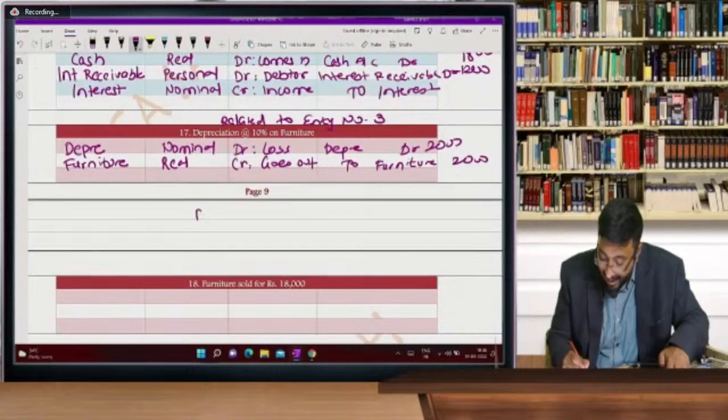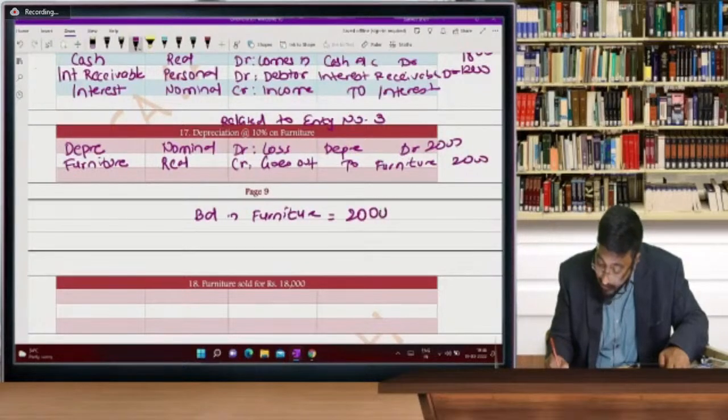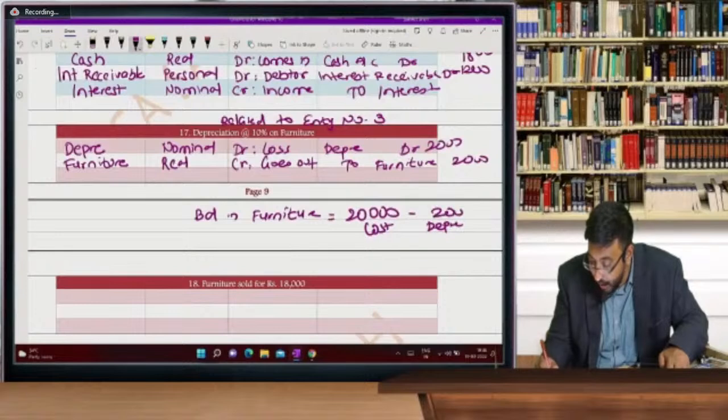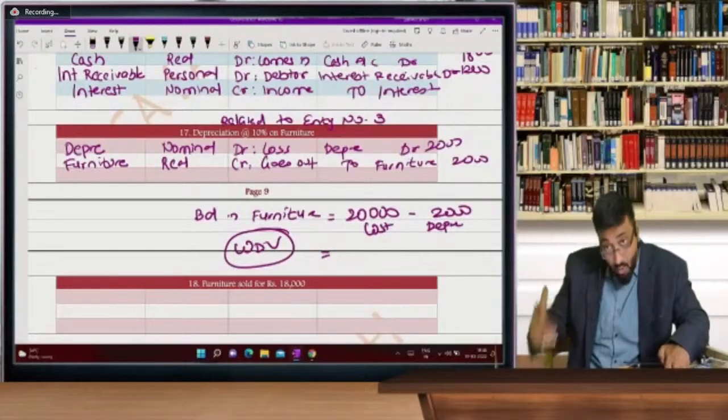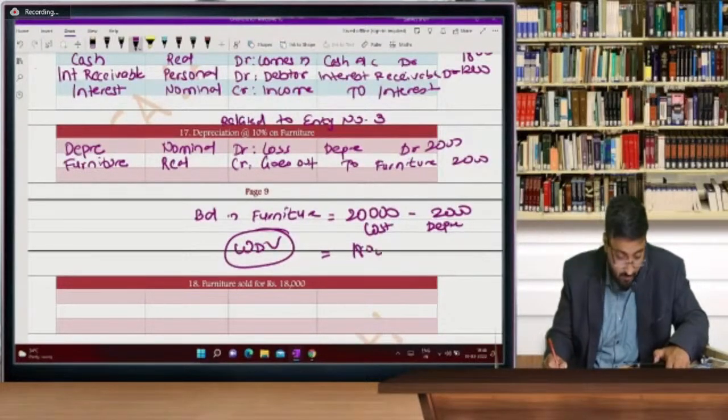So now the balance in furniture you can write: 20,000 is the cost minus depreciation 2,000, which is called written down value, 18,000.